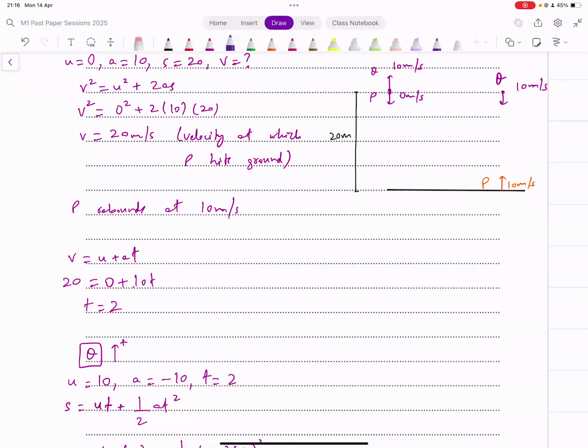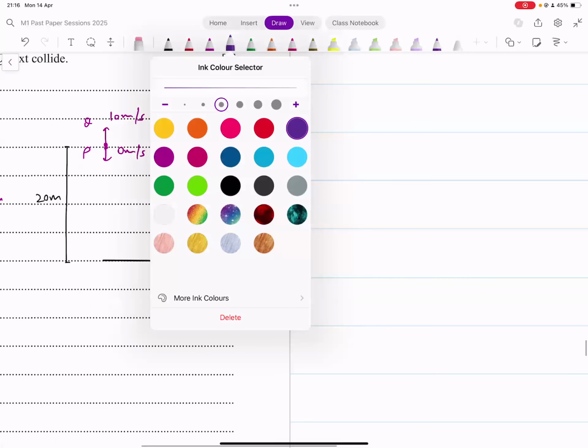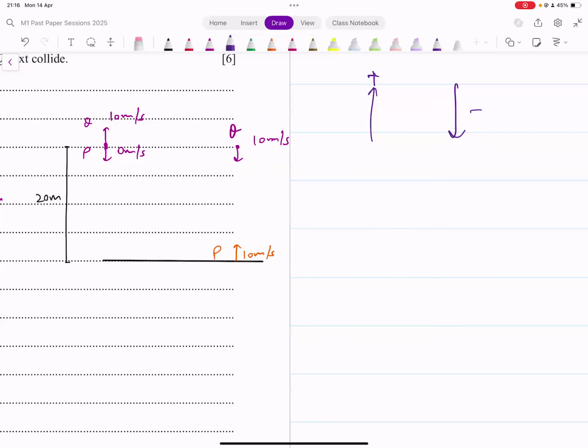That's why we have this thumb rule: if a particle is moving in the upward direction, we take that positive. If it's moving in the downward direction, we take that positive. If it's two-way motion, upwards is positive, downwards is negative. If it's horizontal two-way motion, right is positive, left negative.